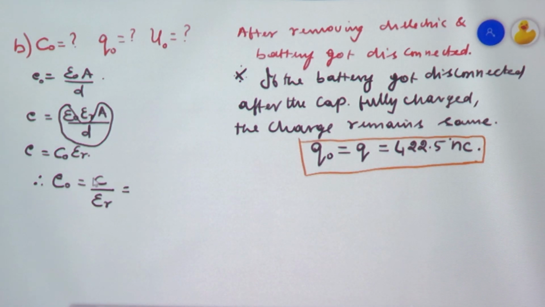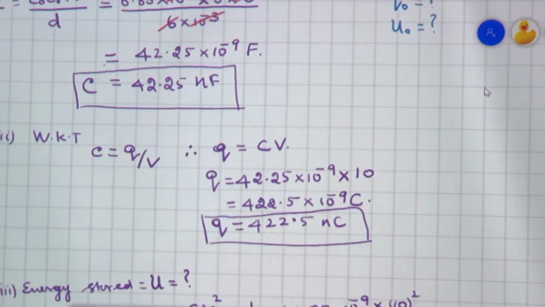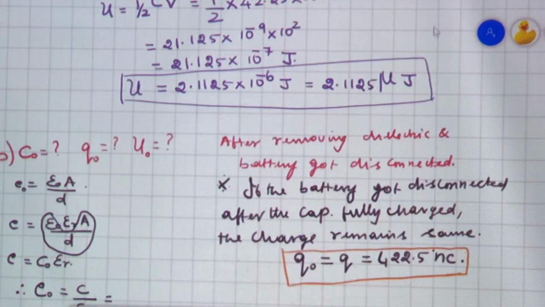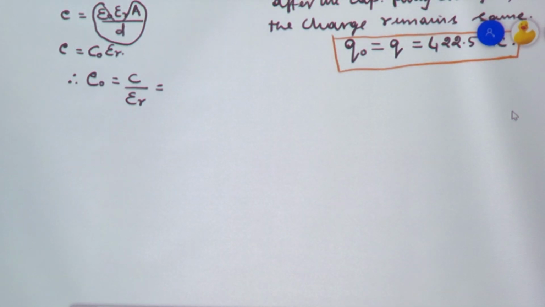What is the capacitance we have calculated in the previous case? The capacitance that we have calculated in the previous case is 42.25 nanofarad. You take this value of C and substitute in this equation. So what will be the answer? On substituting, you are getting 42.25 whole divided by 5, with the capacitance measured in nanofarad.